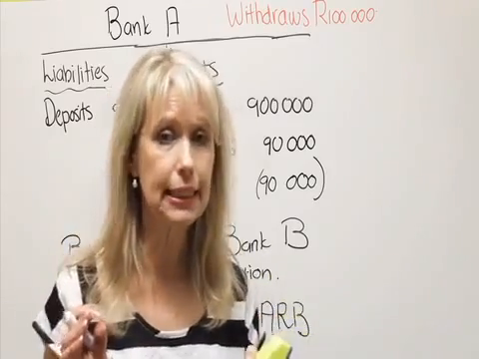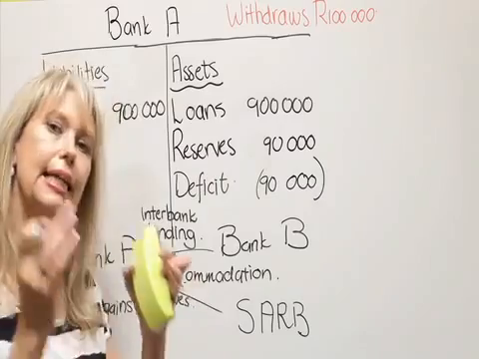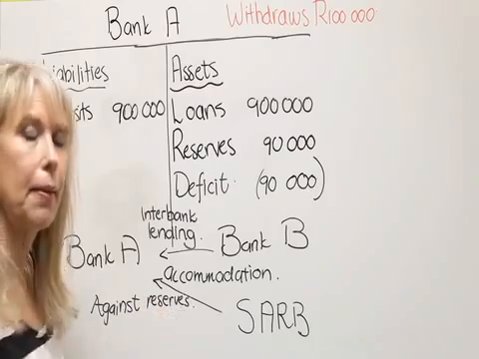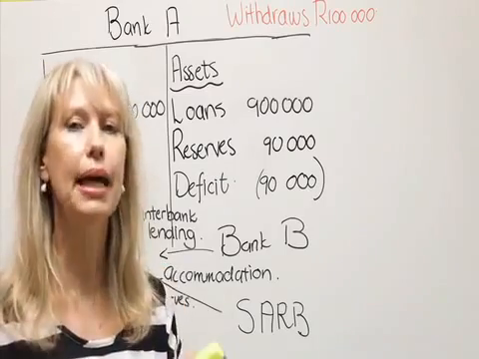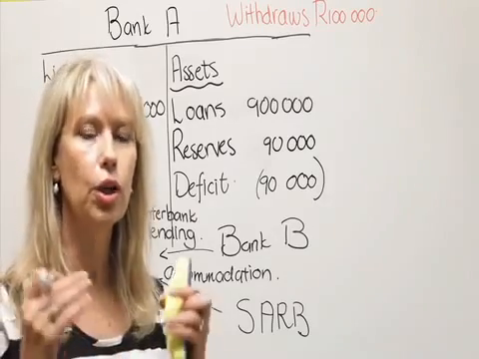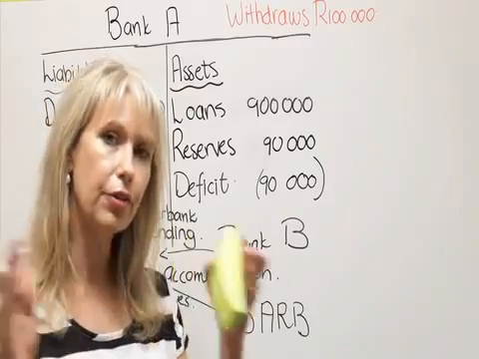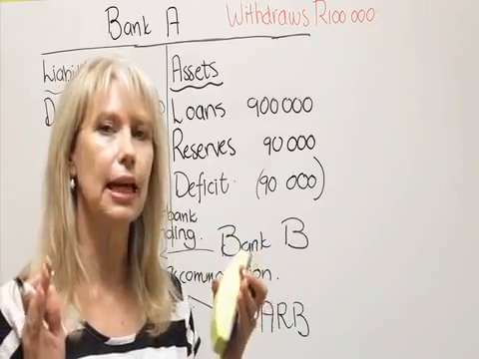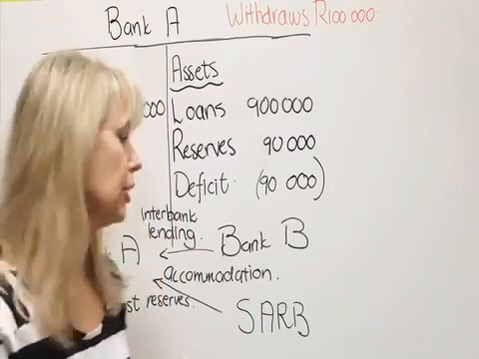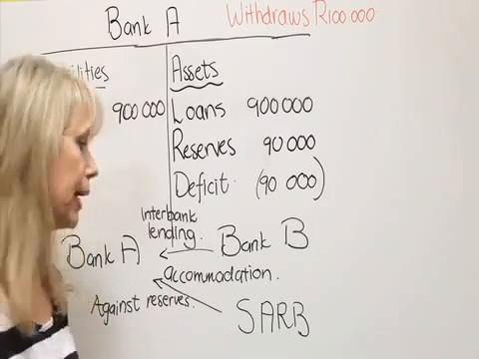So that means that the banks can hold a little bit less reserves on a particular day when they have a deficit, and that is when they borrow against their reserves. But that will mean that on some day within the next 20 working days, they're going to have to hold more than 2.5% reserves. So on average over the 20 working days, they still maintain 2.5% reserves against their deposits. That's the first way in which banks can borrow from the Reserve Bank, and also the cheapest because they don't pay any interest on it.